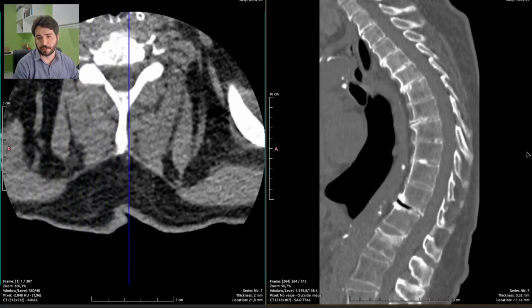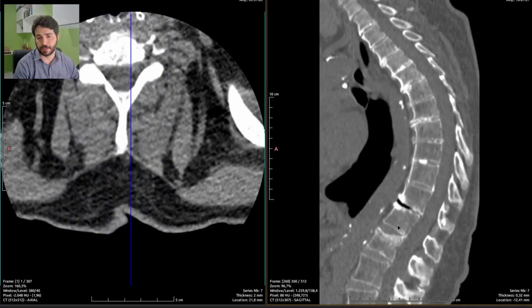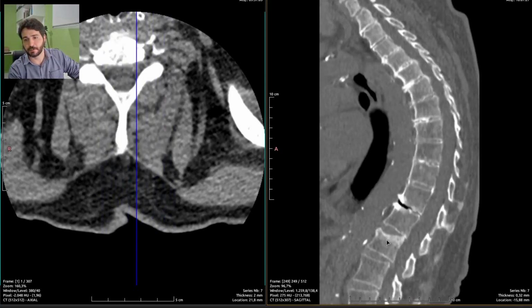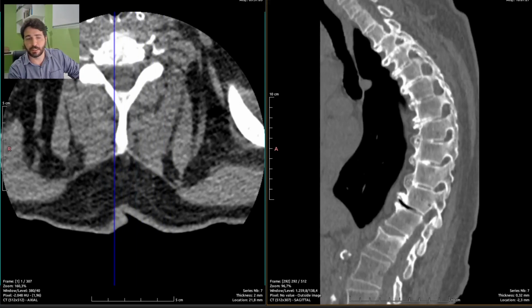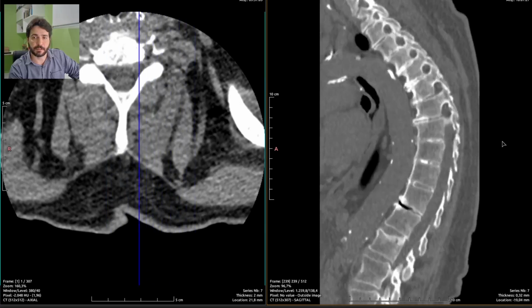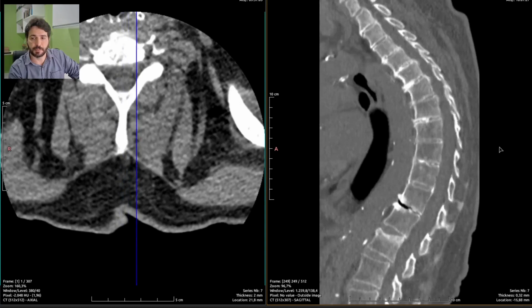This isn't a dorsal fracture, it is actually a first lumbar body fracture. It's L1 body fracture, but I'm going to report it because this is probably the cause of the painful symptoms the patient is complaining about.